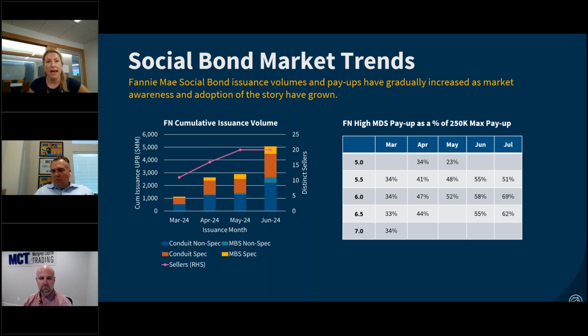However, what we've seen and what we've highlighted to investors and to the market is that these loans actually have a more attractive prepayment profile than the other loans in generic pools. And that's likely due to the barriers that these borrowers face in terms of access to credit, right? That's what we're trying to address. So as we know, that more stable prepayment profile is something that MBS investors seek out, right? And they've been willing to pay up for that.